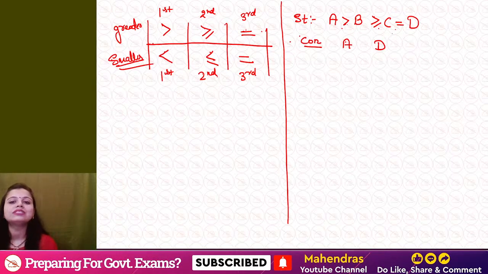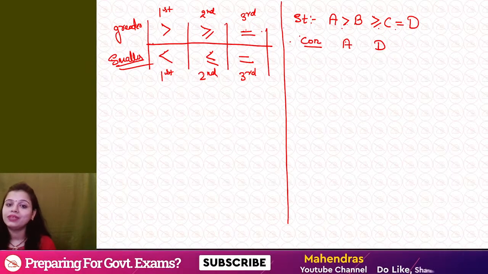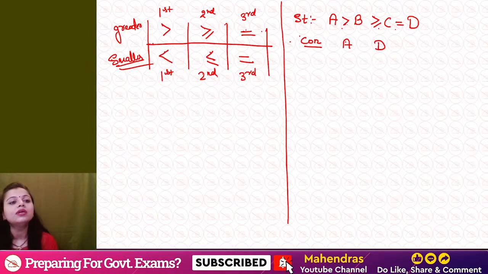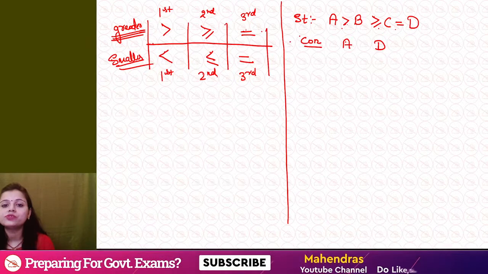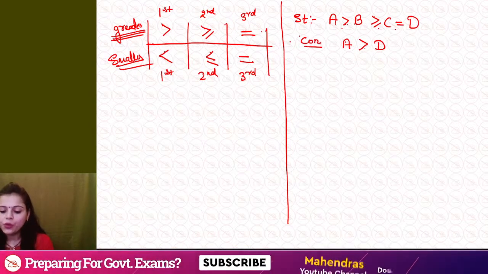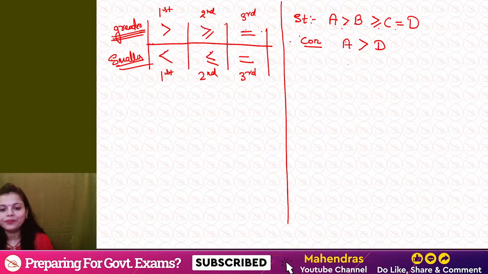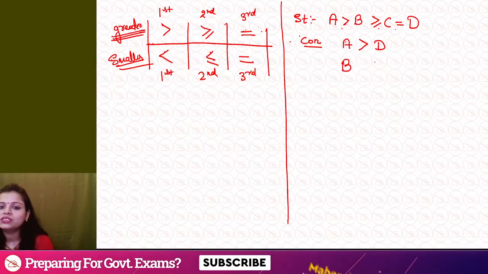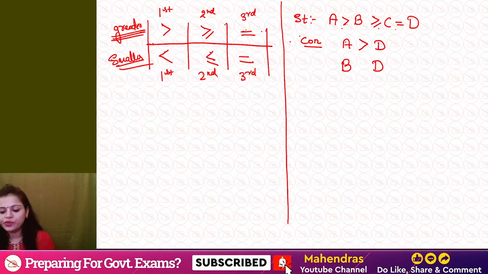If all three signs are from the same greater family, we give preference to the sign which is greater. So A is greater than D. Can you tell me the relation between B and D?